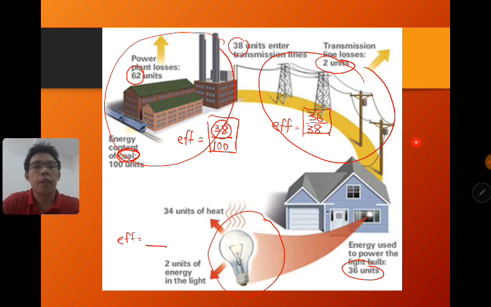Whereas at the light bulb, it is 2 divided by 36. The 34 is the unwanted amount, unless it's a heater, then we use 34. But because this is a light bulb and we want to get light out of it, the useful amount is 2. So 2 divided by the input, the 36 units.